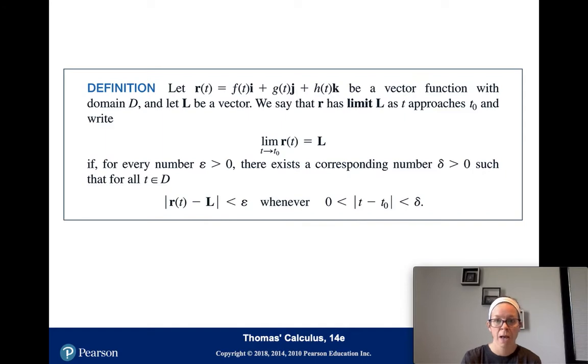So as we think about calculus, different ideas that we've learned this year in calculus, our first big idea of calculus was limits. So we can take limits. When we take a limit on one of these vector valued functions, we take the limit of each part, the I part, the J part, and the K part.